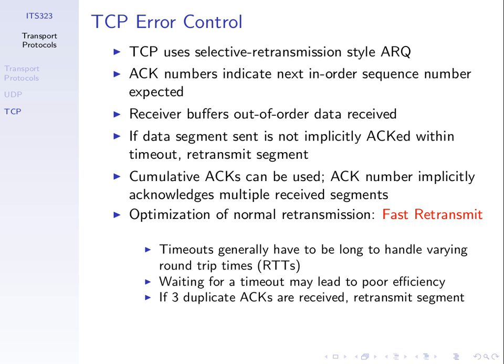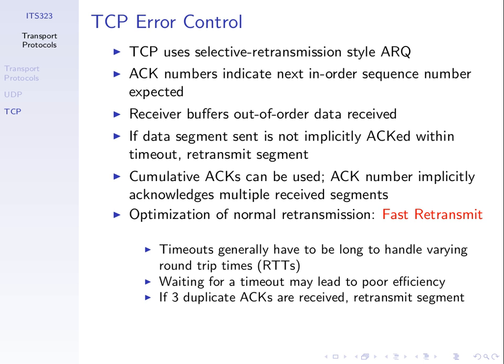Then we had the sliding window extension where we allowed the source to send multiple segments, and there were two variants, go back N and selective reject or selective retransmission. In go back N, we send multiple segments. If we lose one, so we don't receive an ACK, then the source has to go back and retransmit all segments it has sent since that lost one.